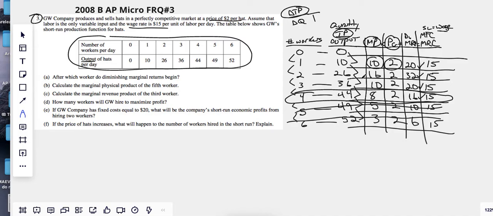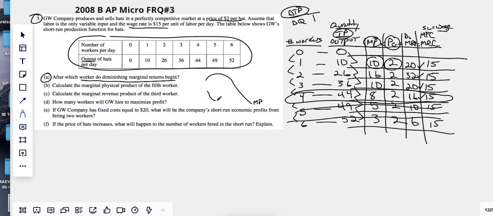After I do this chart and figure everything out, they're almost always the same kind of questions. I'll go back and take a look at what's going on. Which worker do diminishing marginal returns begin with? Well, it's easy if you recognize that your marginal product curve is going to look like this if we were to draw it out.